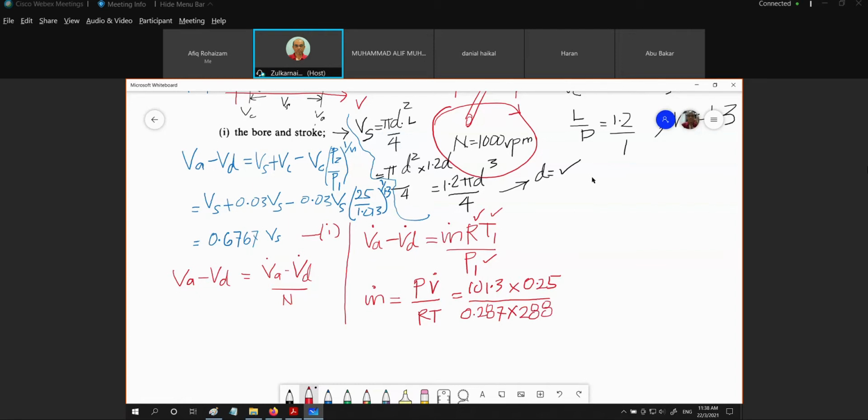If I leave the unit of V dot as meter cubed per minute, meaning we are going to have kilogram per minute right here. I just leave it as kilogram per minute. Okay, can someone calculate for me?